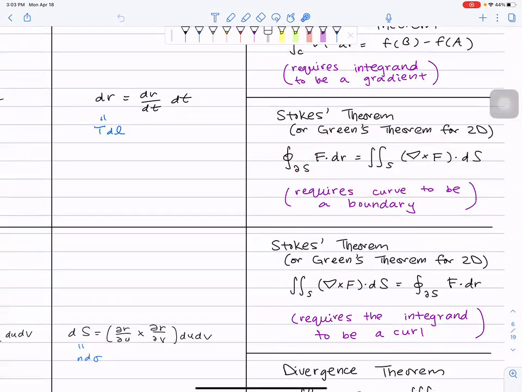In 2 dimensions, Green's theorem had the partial of M over y, or I forget the formula, whatever. This was the k component of our curl. For Stokes' theorem, we now have the full curl. But in 2D, we just had the k component of the curl, and having that k component in our integrand is Green's theorem.